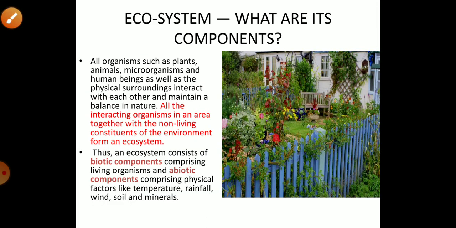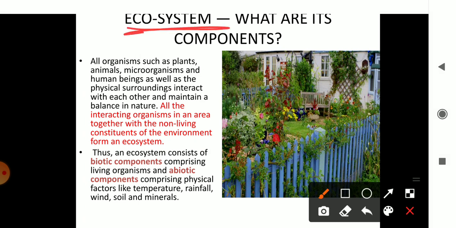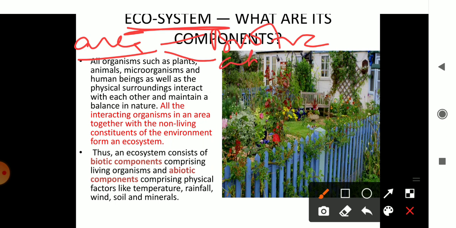Let's now learn about ecosystem. An ecosystem is defined as an area comprising biotic and abiotic components, where both these components continuously interact and influence each other, right?